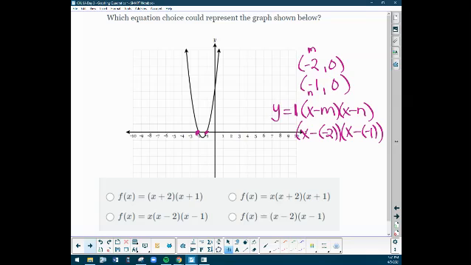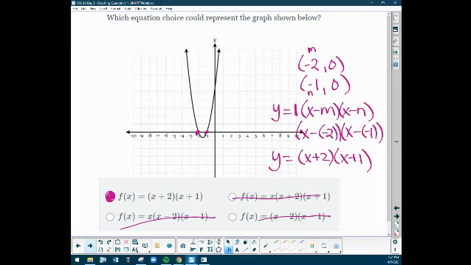What happens to those? It becomes x plus 2 and x plus 1. Okay? So we know it's not that one because of that negative. We know it's neither of these because you don't have an extra x. And then we see that this one matches exactly what we have. So you'll see some questions like that on there as well.